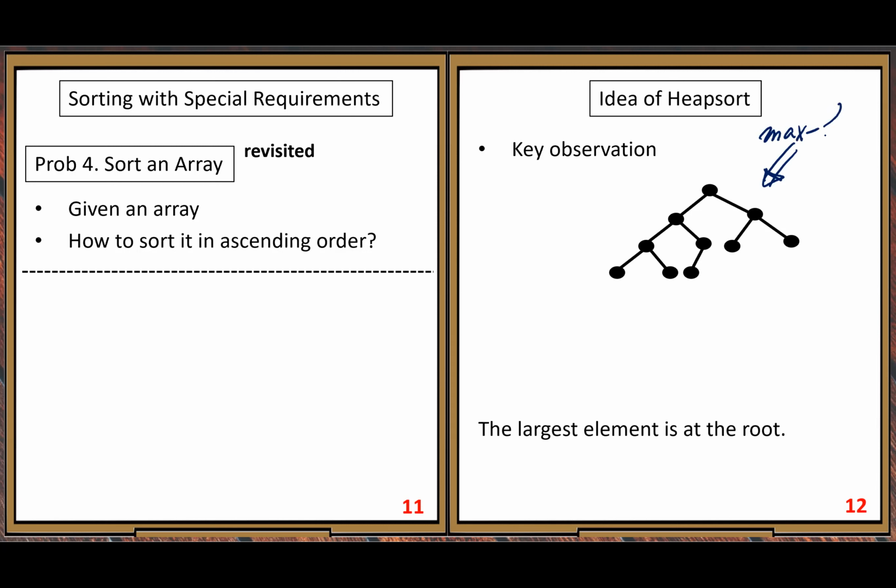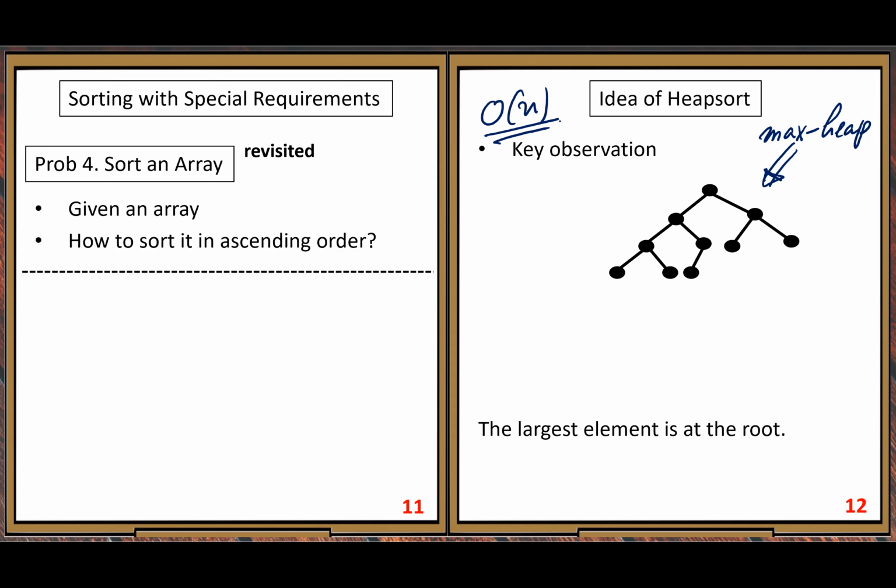We build a heap, and after we spend this cost, big O of n, that cost is acceptable, not too bad. So we are willing to spend this cost initially.